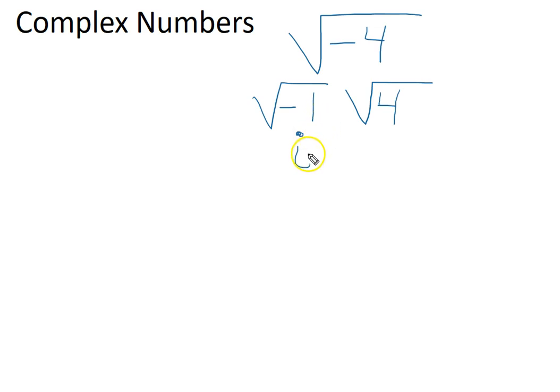And i is related to its imaginary nature, although it's a number, it's in the system, it's just not a real number, and the letter i stuck with it over the years, and we still use it today. So this would be i times the square root of 4. The square root of 4 we know is 2, so this is going to end up being 2i.